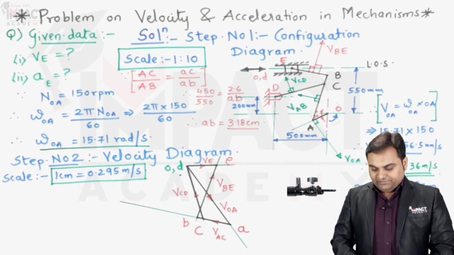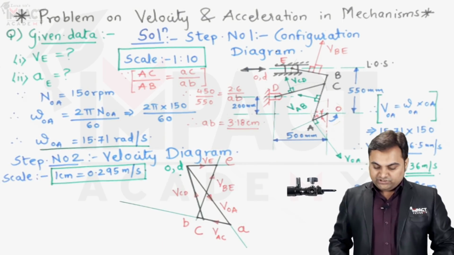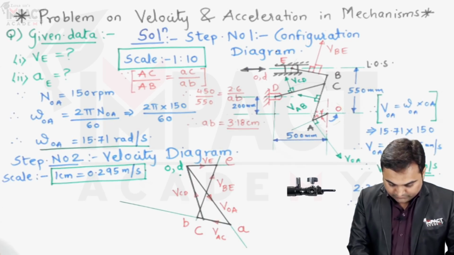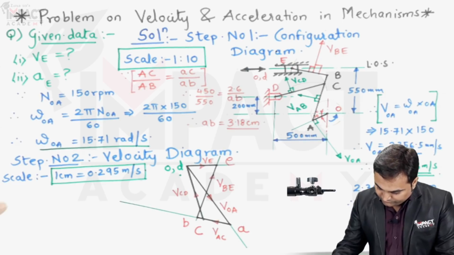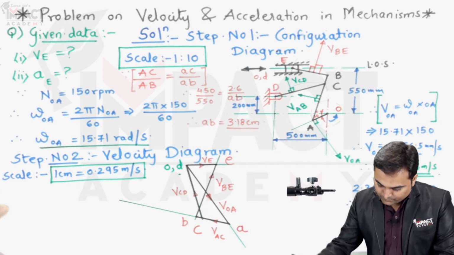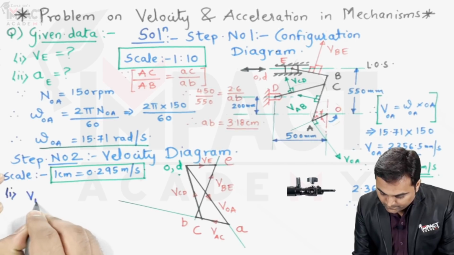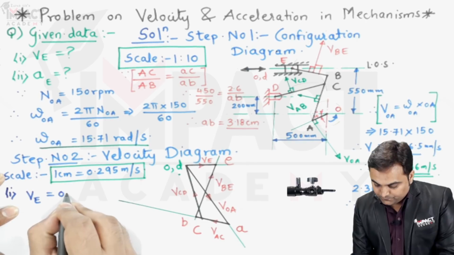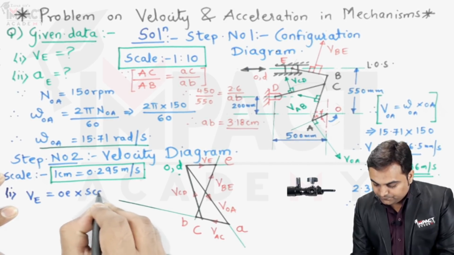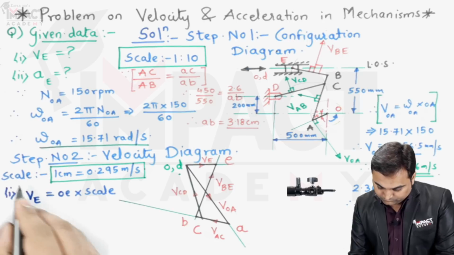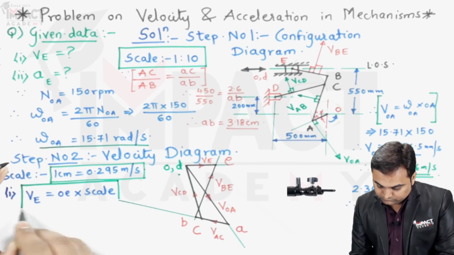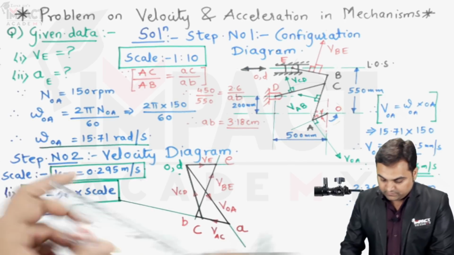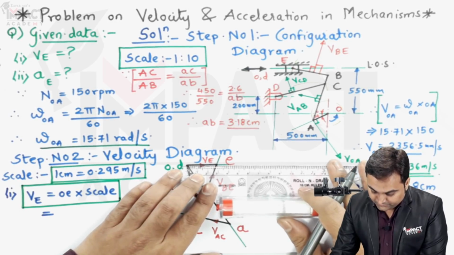So here the velocity diagram gets completed. Now the question is, we have to find the velocity of slider E. So for that I'll write down that from this velocity diagram, the first thing which I'll find is the velocity of slider E. It is distance OE into scale. O to E distance I'll measure here in terms of centimeter.